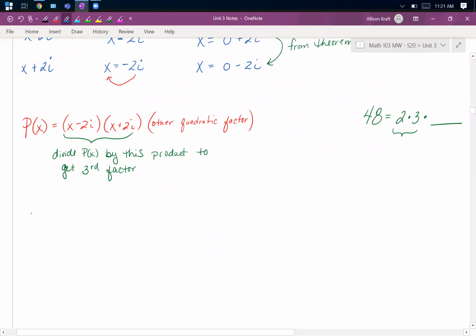All right, so let's multiply x minus 2i times x plus 2i. See, when I combine like terms, my middles fall out. I also know that i squared is equal to -1.